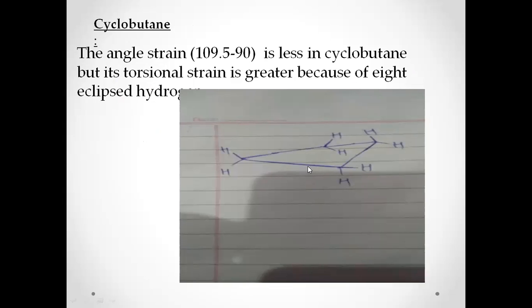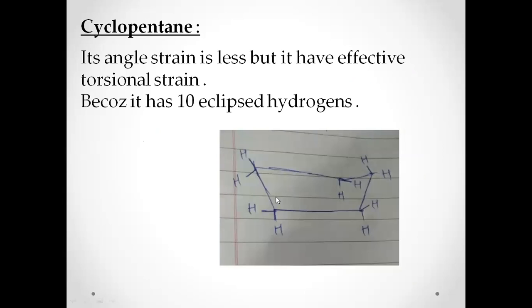Its angle strain is less, but it is still unstable because of the eclipsed hydrogens. It has torsional strain, which makes it unstable. Cyclopentane has very little angle strain, but it has effective torsional strain because it has 10 eclipsed hydrogens, which make it unstable.